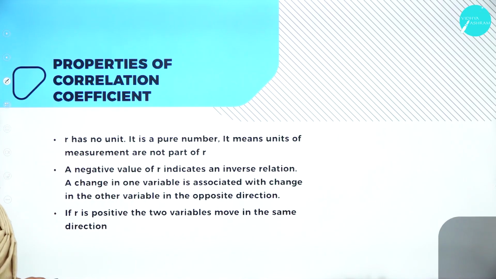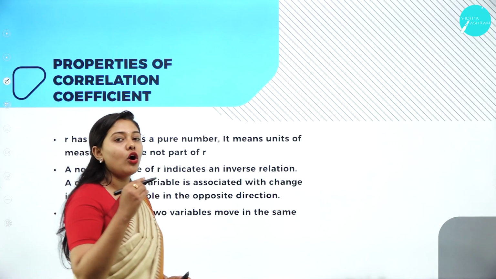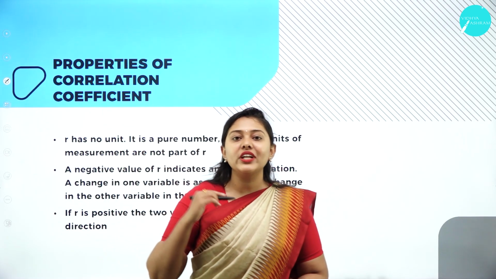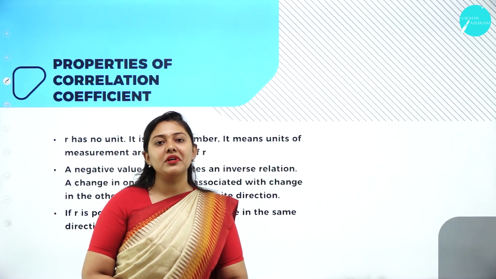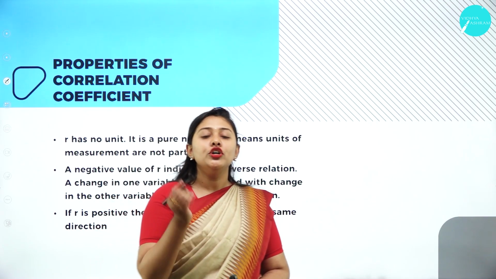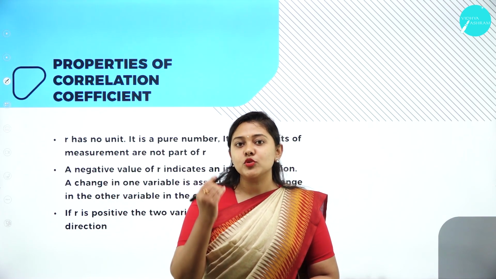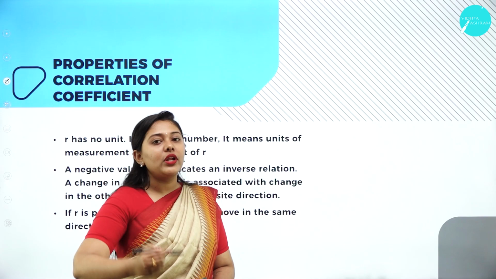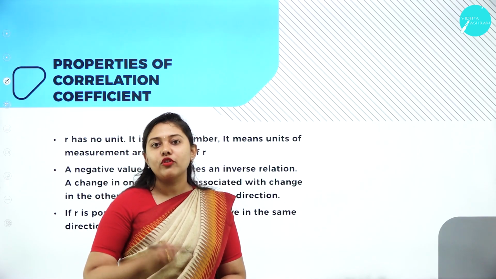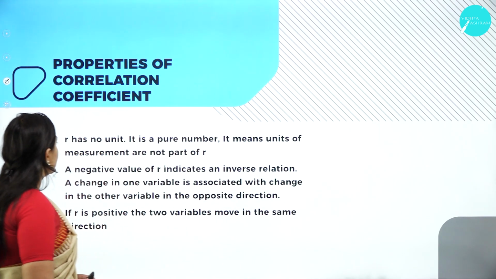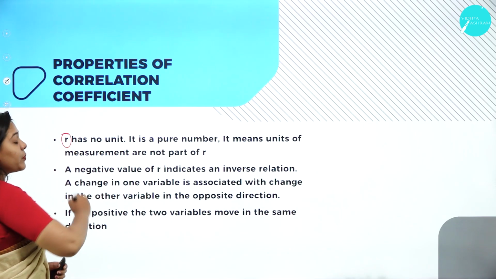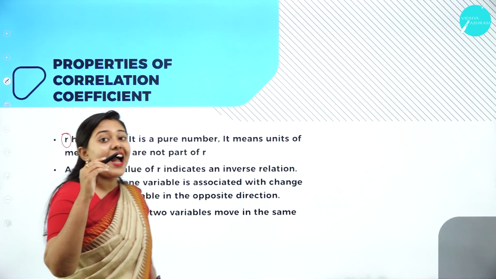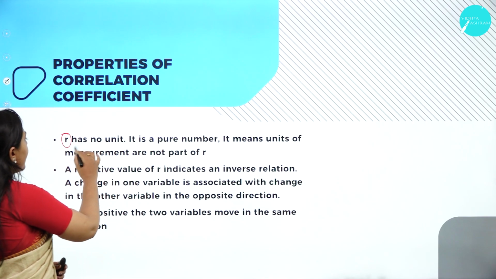What are the properties of the coefficient of correlation? If you don't understand the properties of Karl Pearson's coefficient of correlation, you don't understand the problem. So let us look at the properties one by one. The coefficient of correlation is represented symbolically as R. R has no unit.